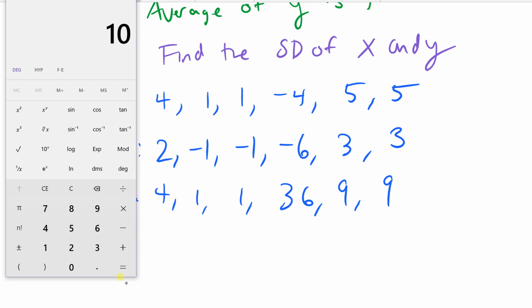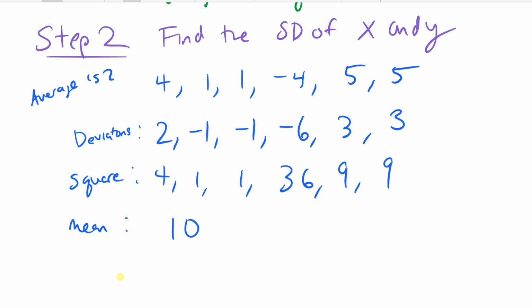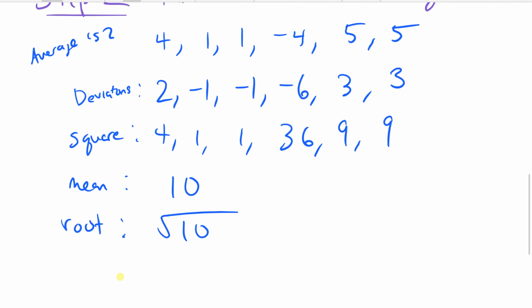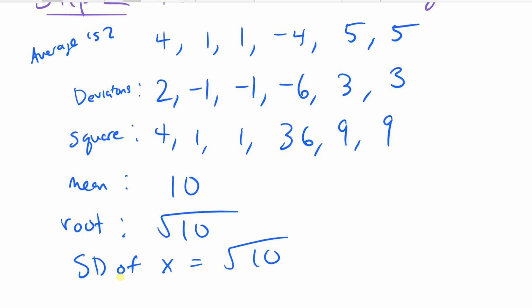Divided by 6 is 10. Then we take the root. That's the square root of 10. If you want to plug that in your calculator, that's perfectly fine, but I'm going to leave it as the square root of 10. So the standard deviation of x is the square root of 10.